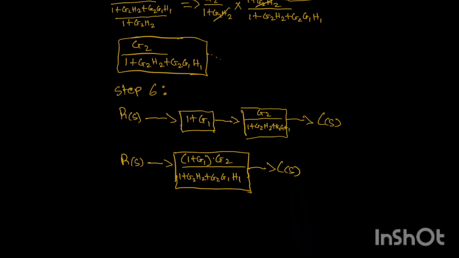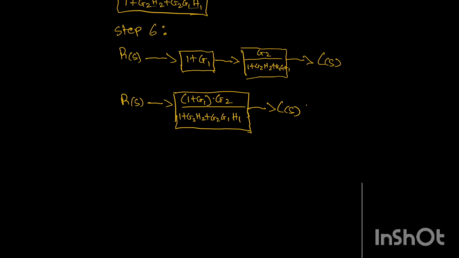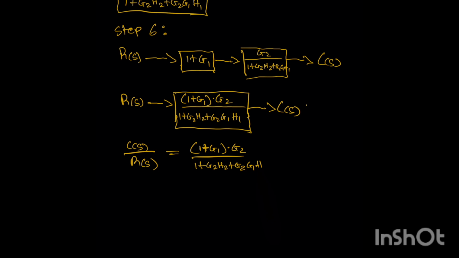So C of X. Our transfer function C of X all over R of X is equal to 1 plus G1, G2 all over 1 plus G2H2 plus G2G1H1. So this is our transfer function.